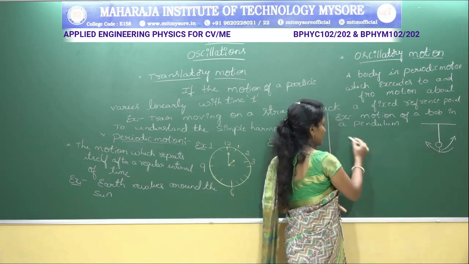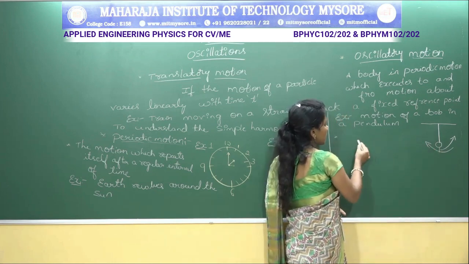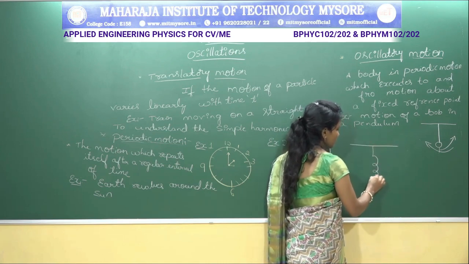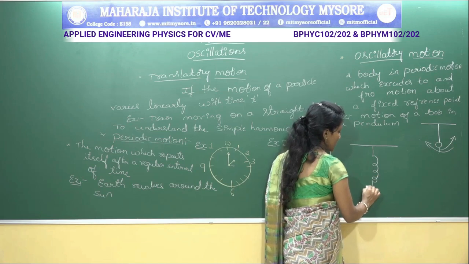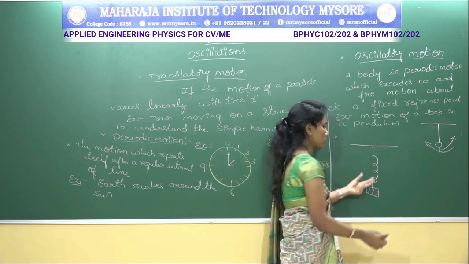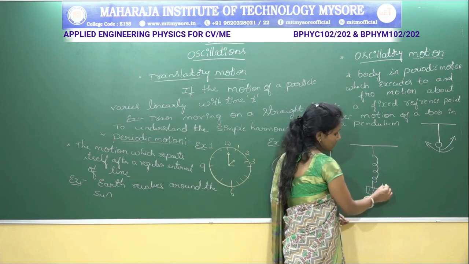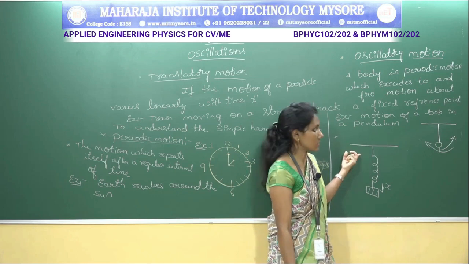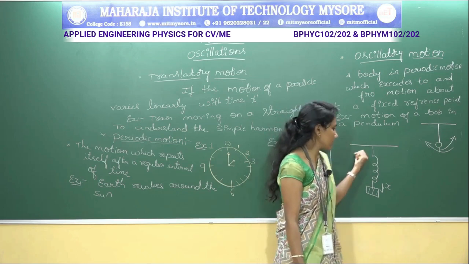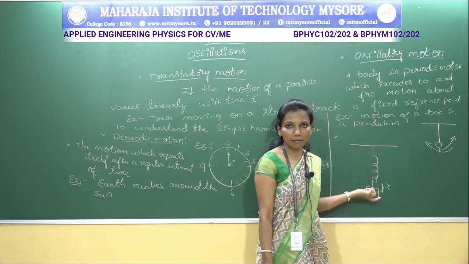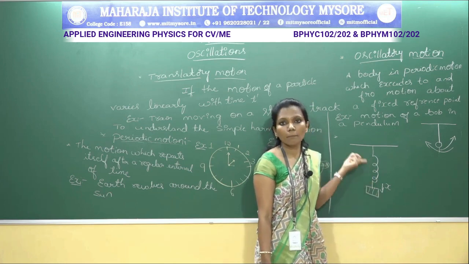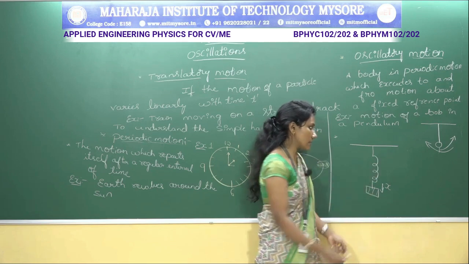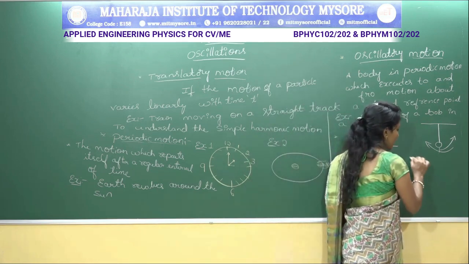Similarly, another example is a spring which is attached with a mass. It will move some distance and again come back to the same position, and travel some distance and again come back to the same point. That is why it is periodic motion.